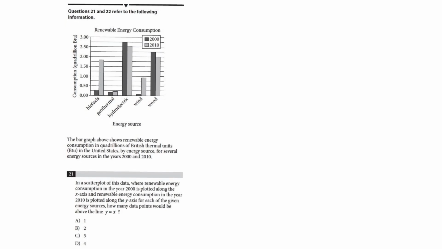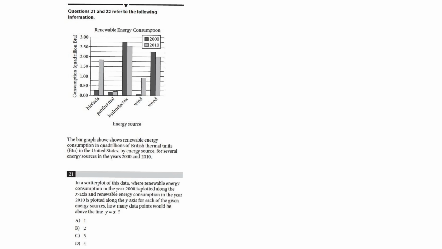Okay. It's going to be for 21 and 22. Renewable energy consumption. The bar graph above shows renewable energy consumption in quadrillions of British thermal units in the United States, by energy source, for several energy sources in the years 2000 and 2010.